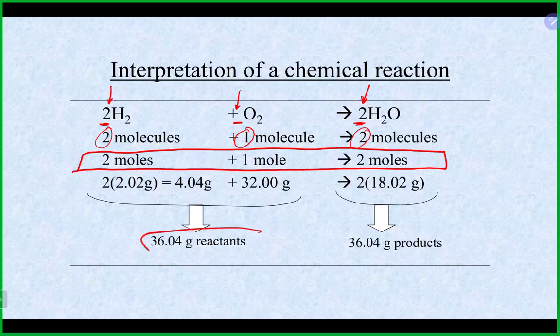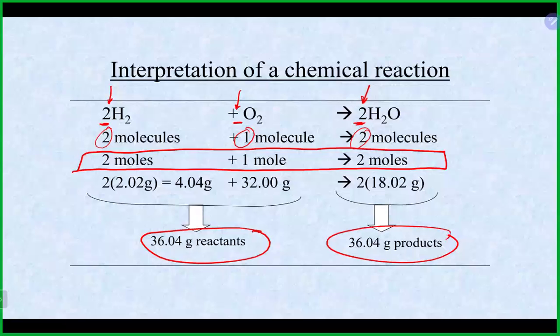The last relationship down here is the law of conservation of mass, which means if we started with 2 hydrogens on the left, since each hydrogen is 1 gram, that's about 2 grams on the left-hand side of the arrow, and we should still have 2 hydrogens on the right-hand side, which is about 2 grams. So the molar mass of everything on the left-hand side and the right-hand side should be the same, as we have that conservation of our elements.